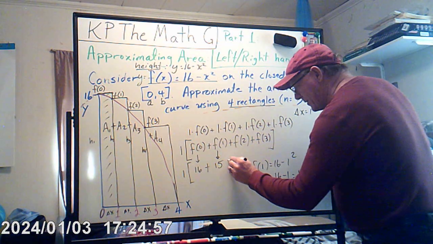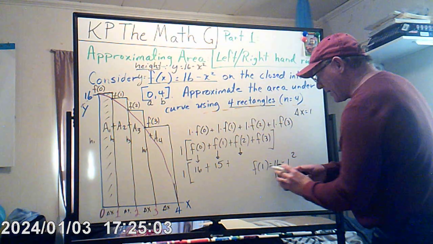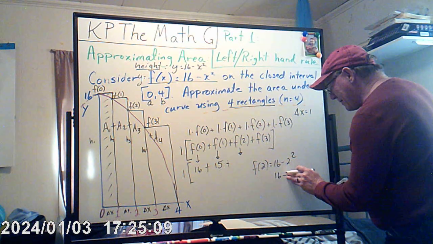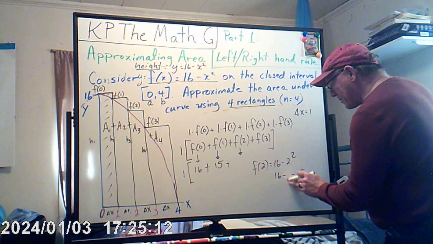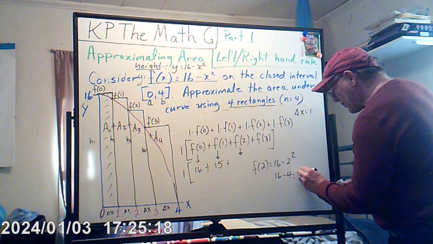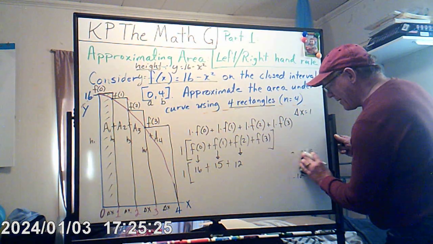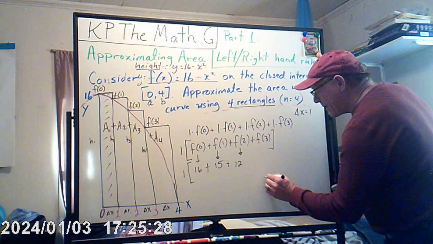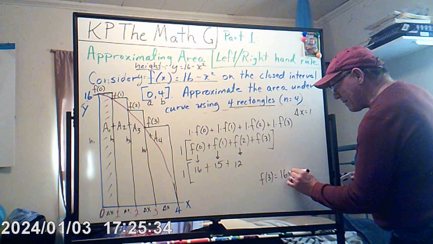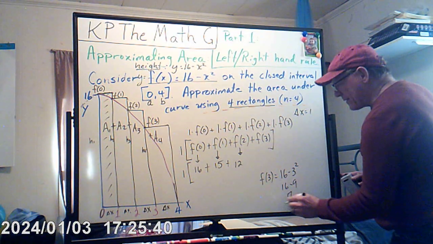Let's see L at 2. Let's plug in the 2. 2 squared is 4, and 16 minus 4 is 12. So this is 12. L at 3 is equal to 16 minus 3 squared. 16 minus 9 is 7. So plus 7.